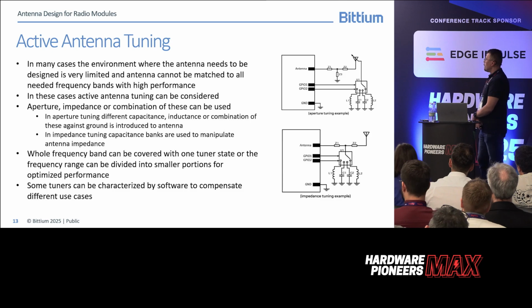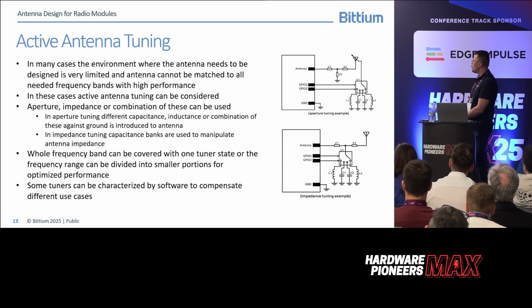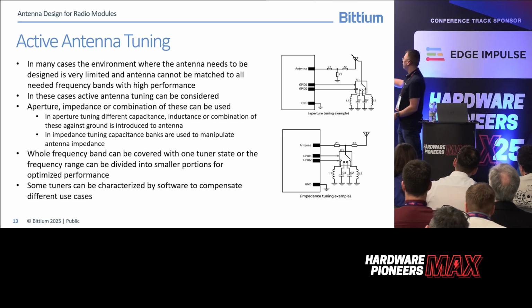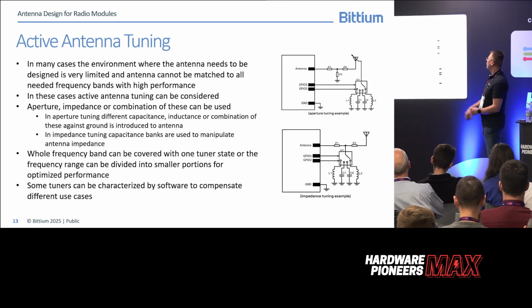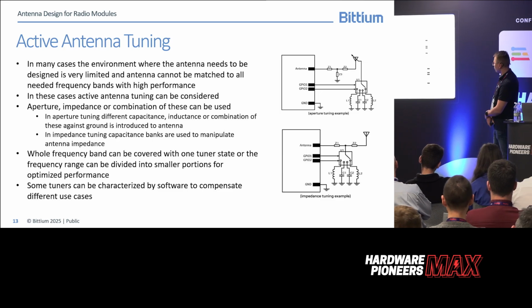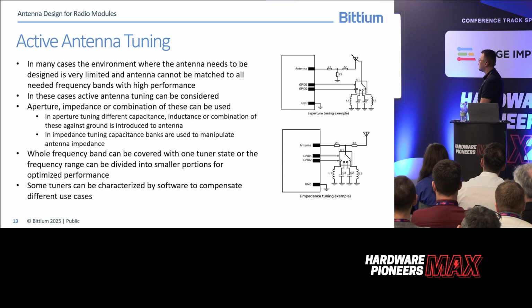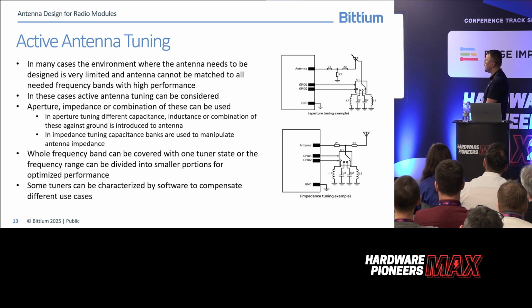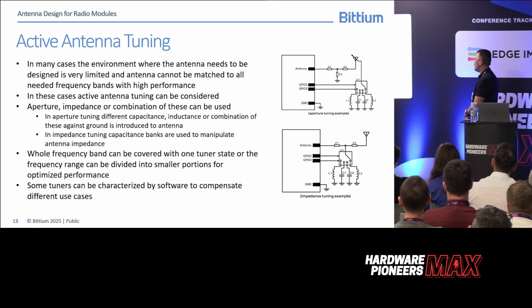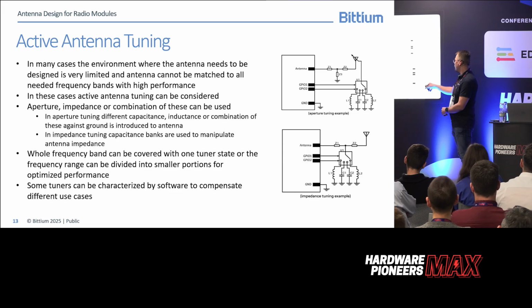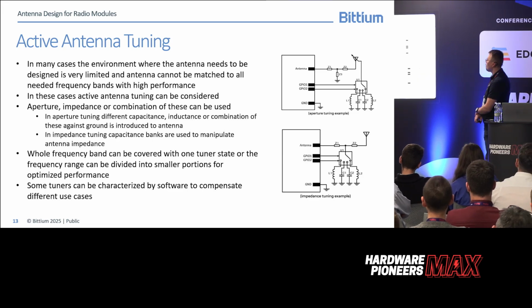About active tuning, there are two kinds of scenarios. You have aperture tuning or impedance tuning. So in aperture tuning, the antenna or the tuning part is part of the antenna. You may have one additional contact for the switch, or you may have it as part of the matching circuitry.